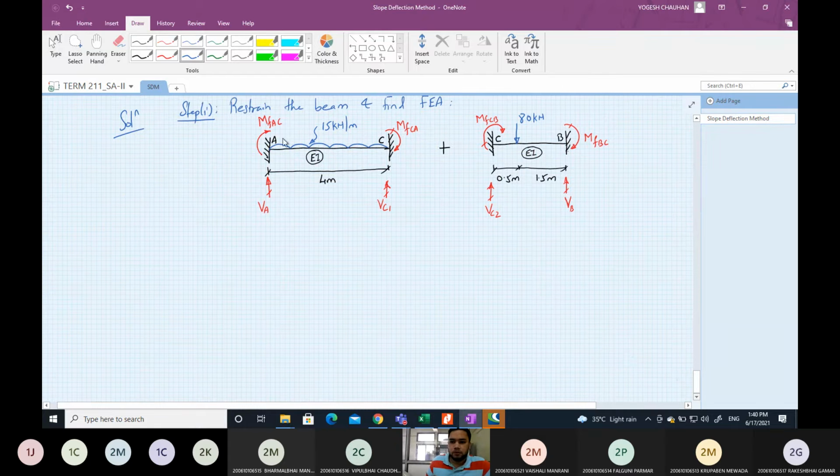From the formulas given, you can find what is MF AB, MF AC.